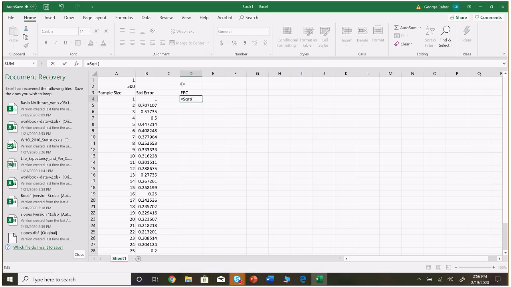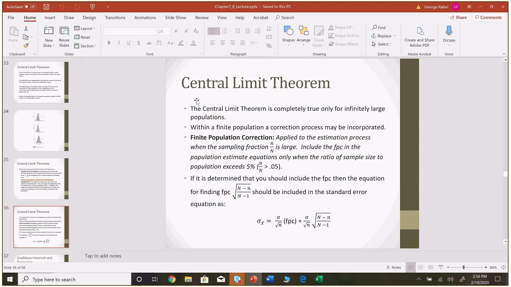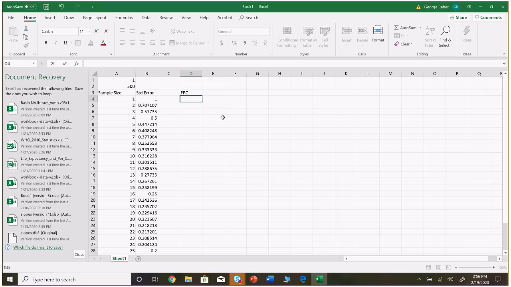Equals, oh sorry, not the square root. Yeah, it gets square rooted in the end, but the book just has the non-square-rooted parts. I'll do that for now. So it's the population size minus the sample size divided by the population size minus 1. And because this is math, we need to put the parentheses in. And that's the finite population factor.